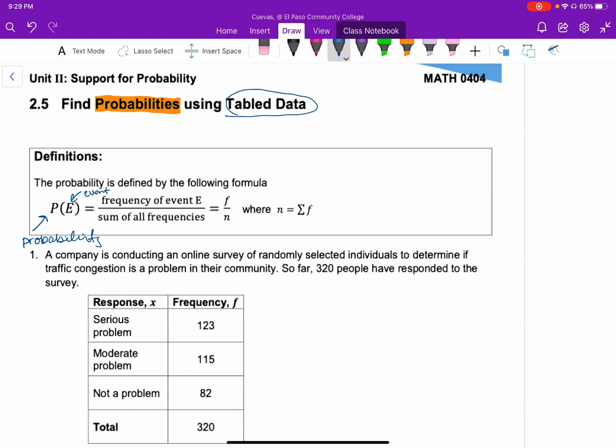We use the frequency of the event E in the numerator divided by the sum of all frequencies. Sum, you've seen this word before, and we use the word sum with the symbol sigma. So all of the things you've been learning all semester are coming back. So the sum of all frequencies. So in short, this formula, probability of an event, which is the frequency of event E divided by the sum of all frequencies. The short version is this.